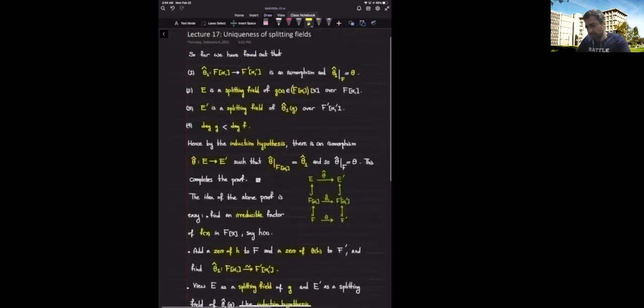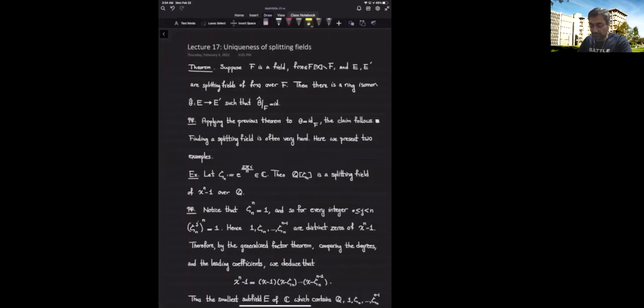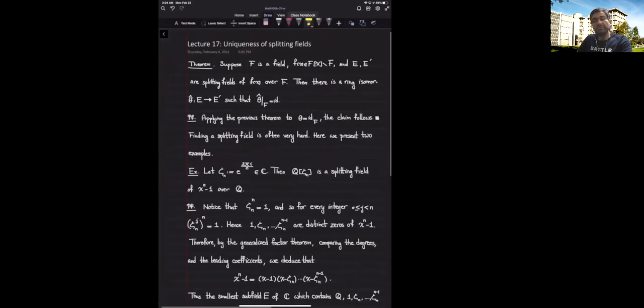Okay, so an immediate corollary of this uniqueness result that we are proving, which is a very strong uniqueness result, is the fact that the splitting fields are in fact isomorphic.